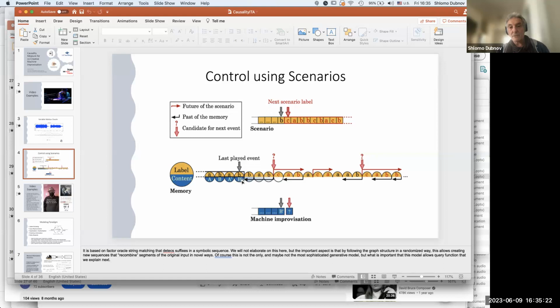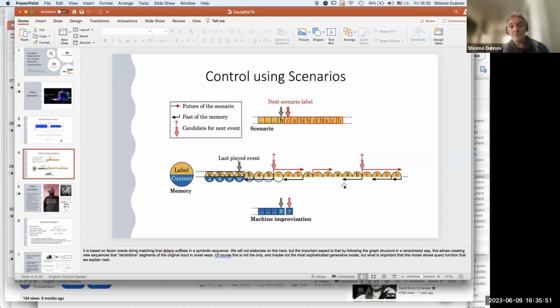In the factor oracle, if you have the past A, B, it might find some continuations, A, B here, and B, A, B here, and A, B here, and another A, B here. So the question is, how would you choose what will be the best continuation? This is really the model of the first piece that I was showing, where the improvisations were done by querying.